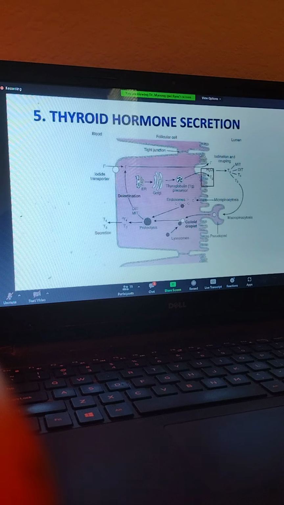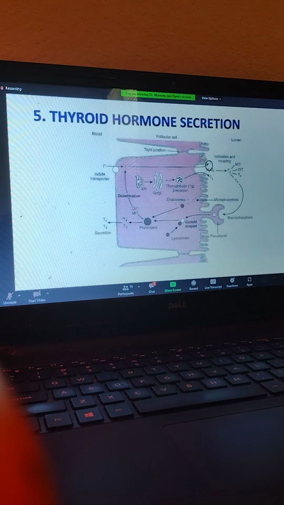We have the thyroglobulin precursors, okay, with a lot of tyrosine in there. And then again, the iodide from the vasculature can be moved into the cells against the concentration gradient through the iodide transporters. The iodide transporters are located in the basal membranes. This is an ATPase. Now, this iodide can move toward the apical membranes where the thyroglobulin is located already. And then we have the peroxidase.